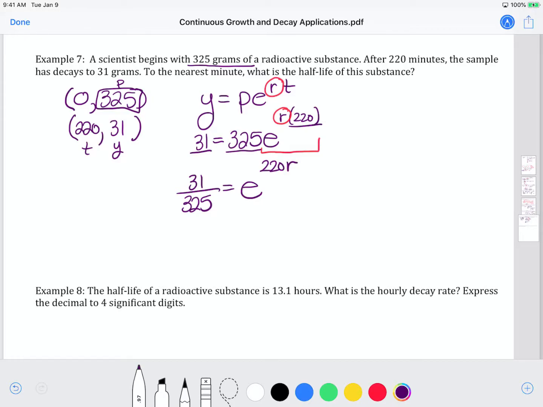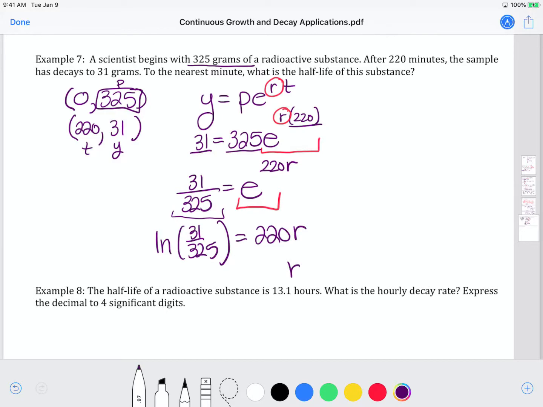Now I don't want to put this in the calculator and get a decimal value yet. If I start rounding with my intermediate steps, it's going to throw my answer way off. So what I want to do is wait and round at the very end. Now I have my exponential isolated, so I'm going to put this in log form. Since this is base e, I can use my natural log. So I have the natural log of 31 over 325, and that's equal to my exponent, which is 220r.